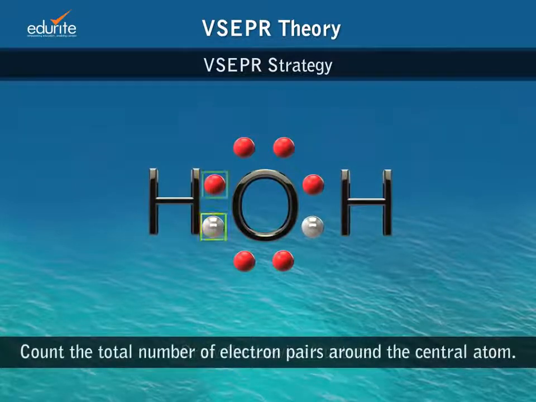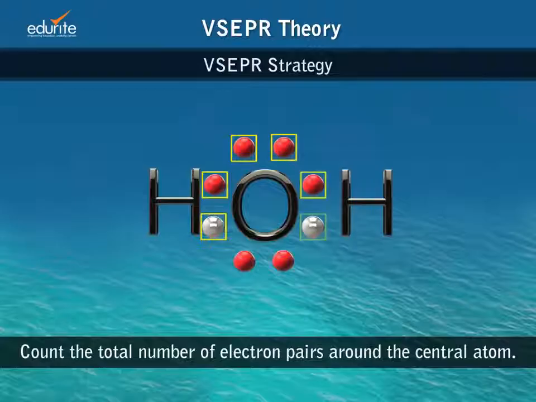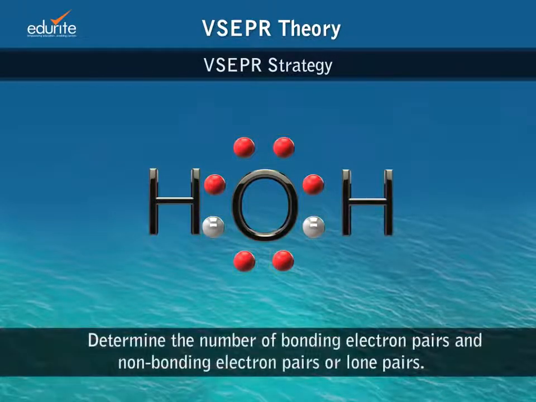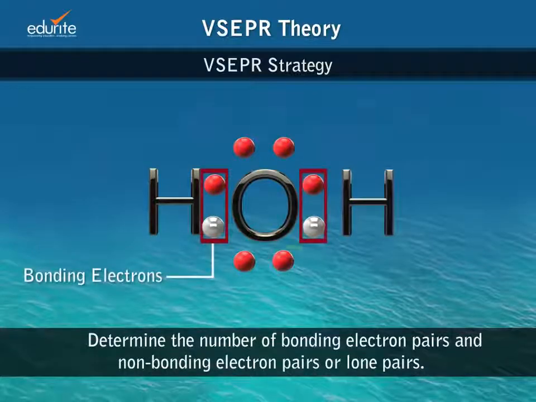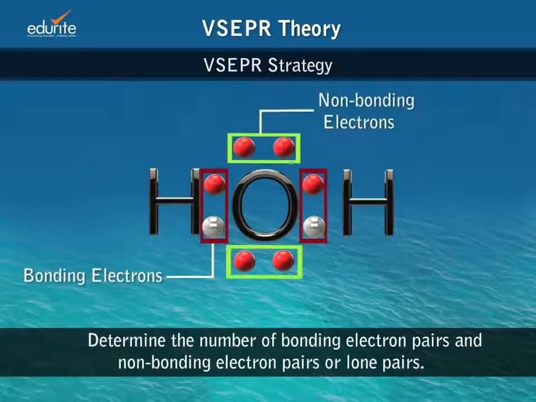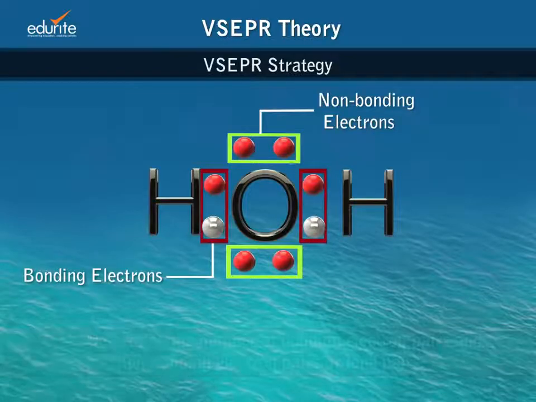Count the total number of electron pairs around the central atom oxygen in the molecule. Determine the number of bonding electron pairs and non-bonding electron pairs or lone pairs. A water molecule has 2 bonding and 2 non-bonding electron pairs surrounding the central atom, making a total of 4 electron pairs.